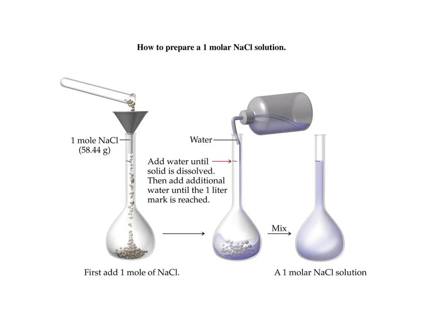Now, if I were really to make a 1 molar solution of sodium chloride, what I would do is I would add the sodium chloride into this volumetric flask. And I would go ahead and fill it up with a little bit of water, halfway through, and mix it until you get a dissolved solution.